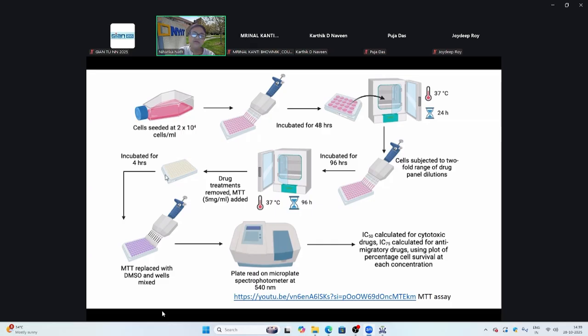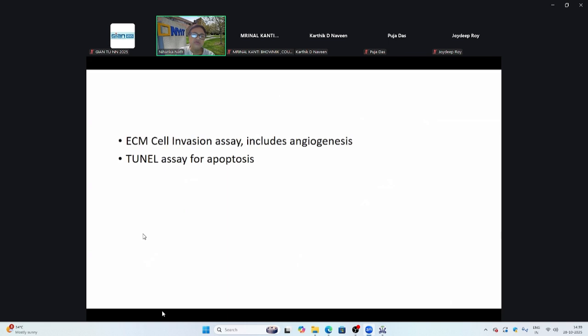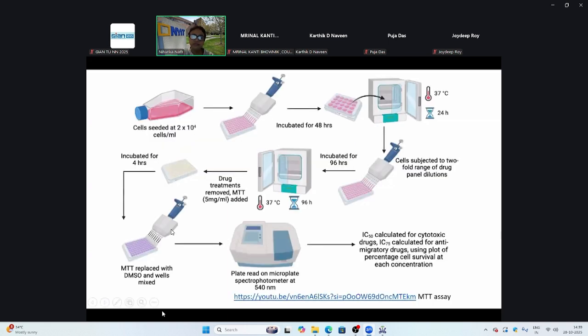You incubate it for 4 hours, and then you remove it and you solubilize it with a solvent, and they all just turn purple immediately. All you have to do is put it in a plate reader, read the ODs, get the optical density, and calculate the IC50 of the drug.